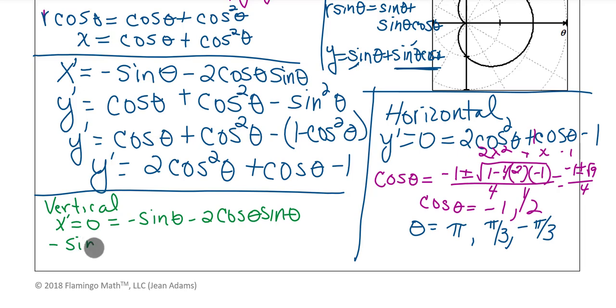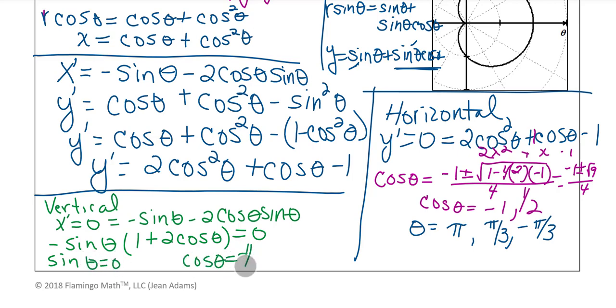So negative sine theta times 1 plus 2 cosine theta equals 0. So I can just ignore the negative sign. And so that's going to happen where sine theta equals 0 or cosine theta equals -1/2. So for this one, the sine, that is at pi and at 0.